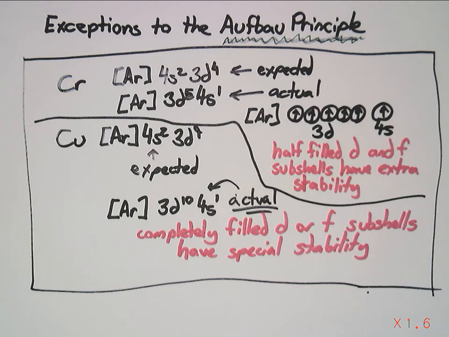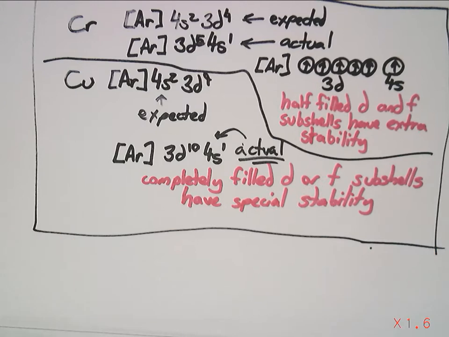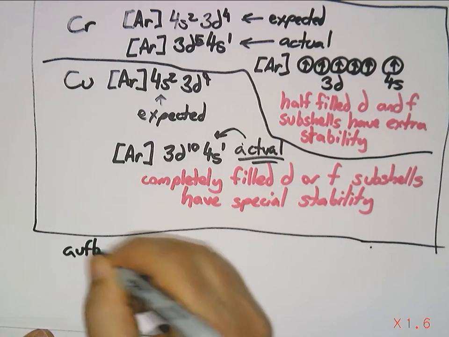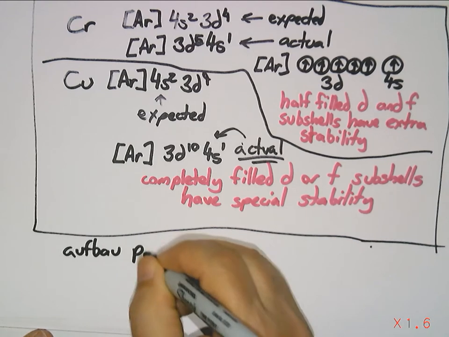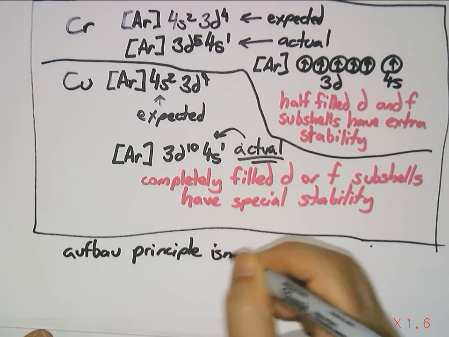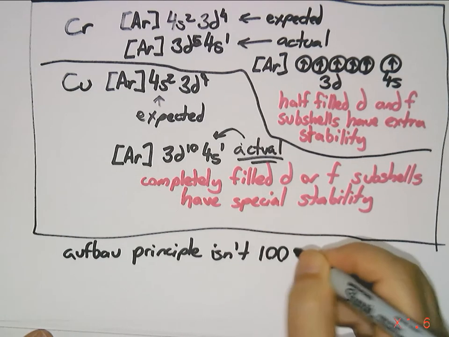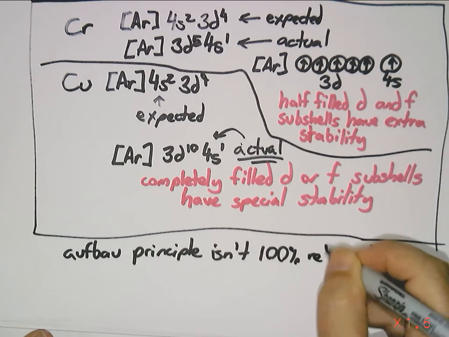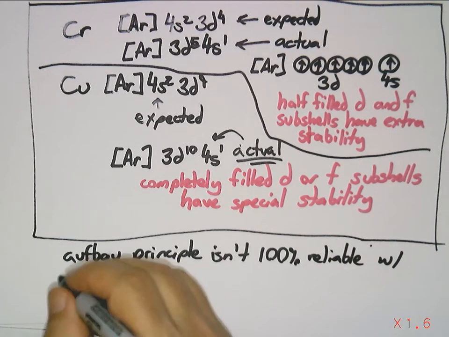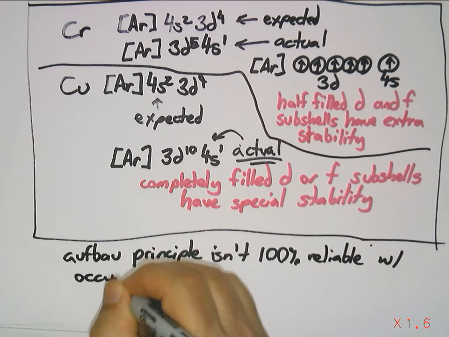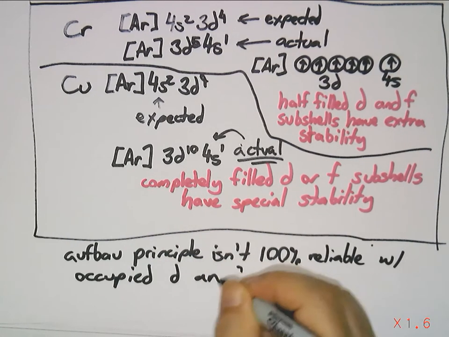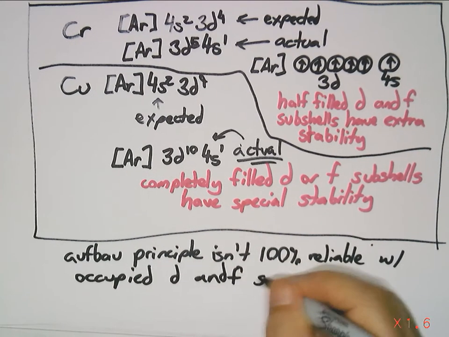Here's the approach that I would take. The Aufbau principle isn't 100% reliable with occupied d and f subshells.